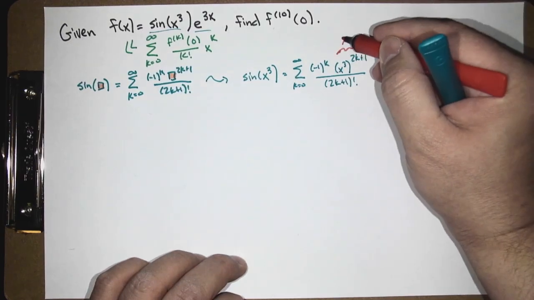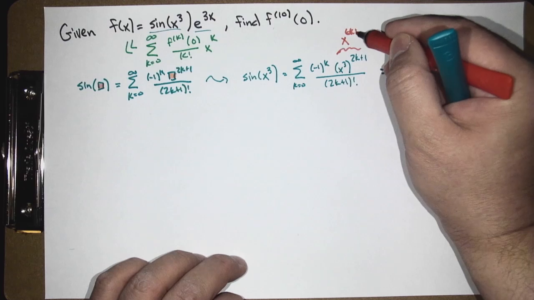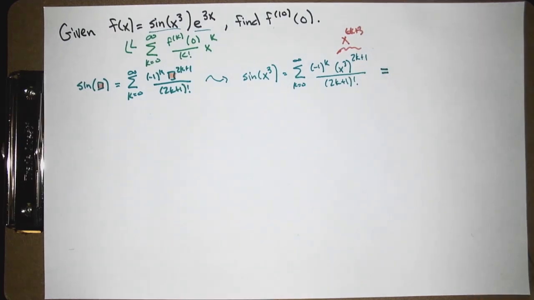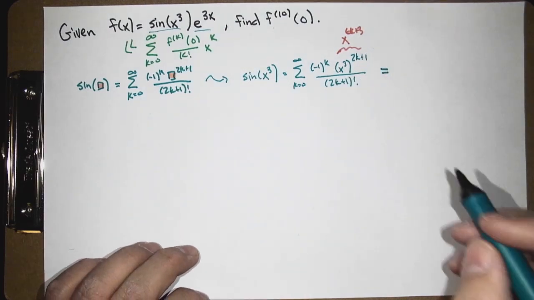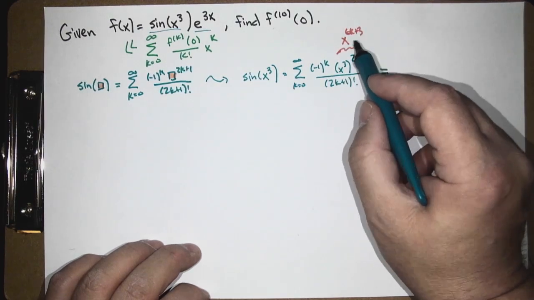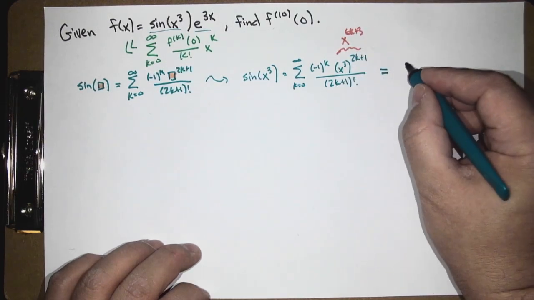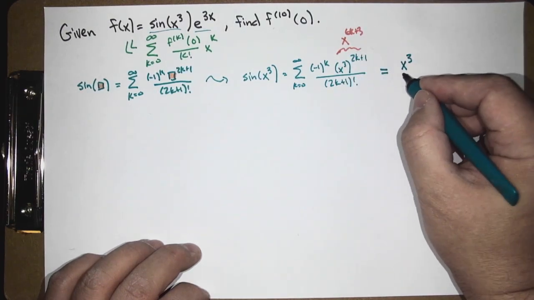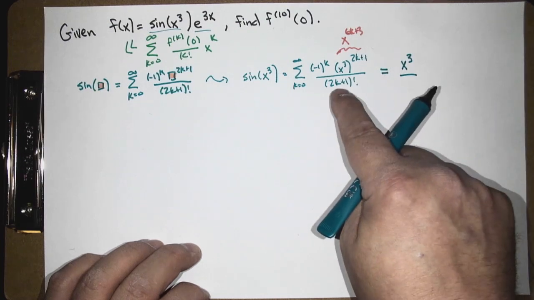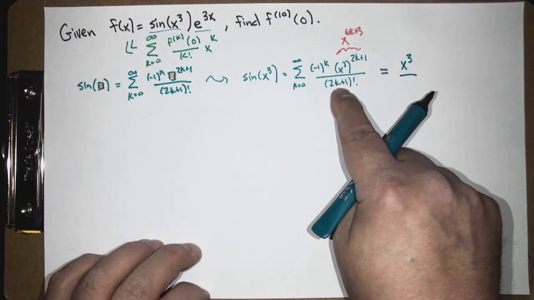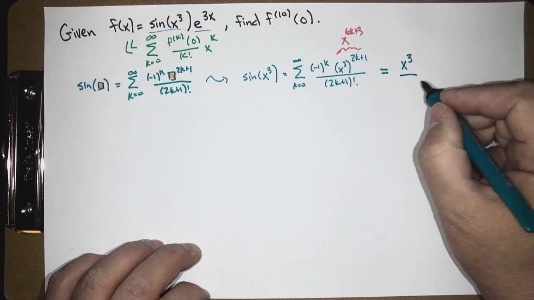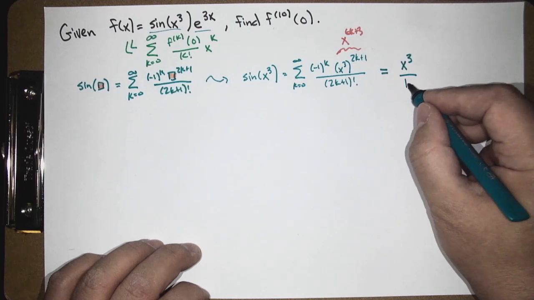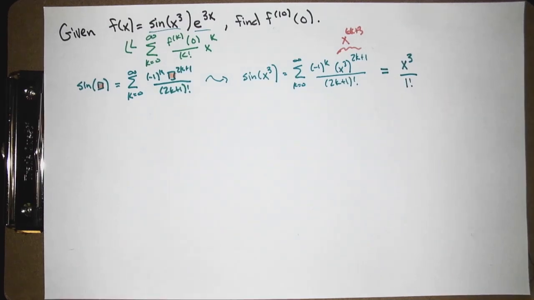This is the same as x to the 6k plus 3, right? 3 times 2k plus 1. So what power of x do we have? x to the 3. So we have x cubed. Divide by, downstairs, plug in 0, you get 1 factorial, which is also 1.